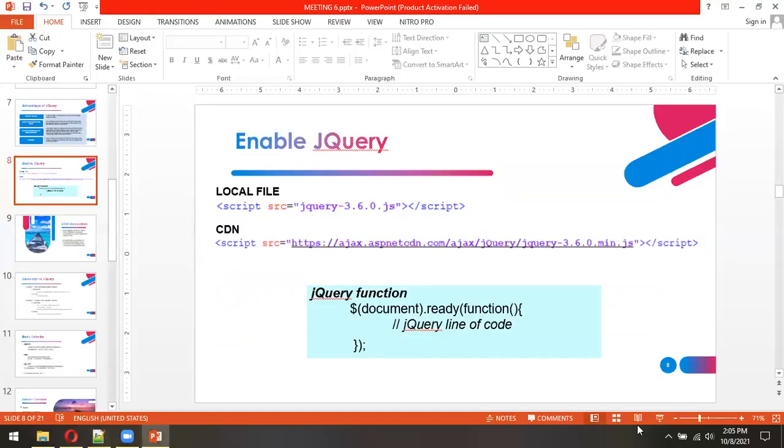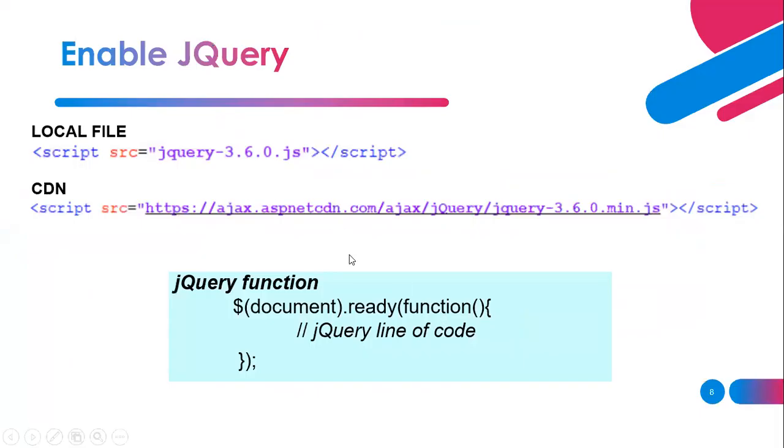And the important function that we must have in our jQuery is the document ready function. So this is the most important. All of our jQuery code must be put inside this function.